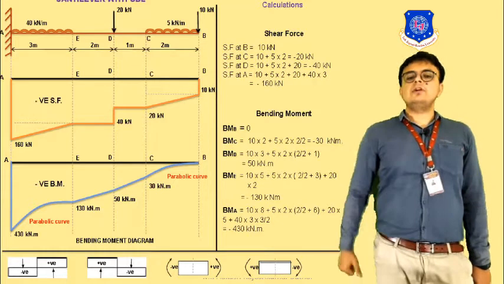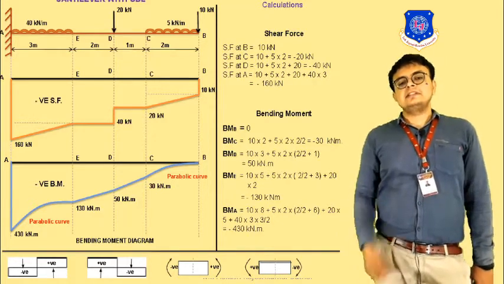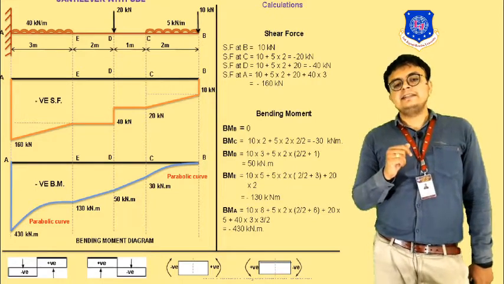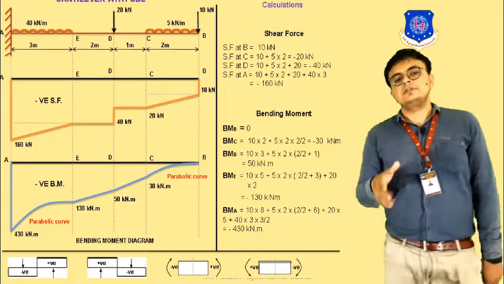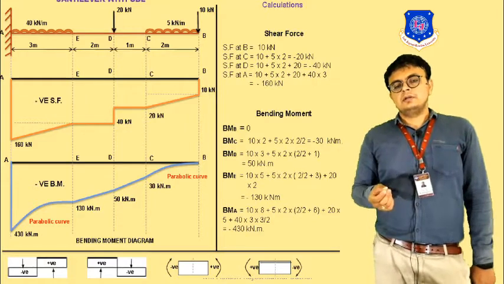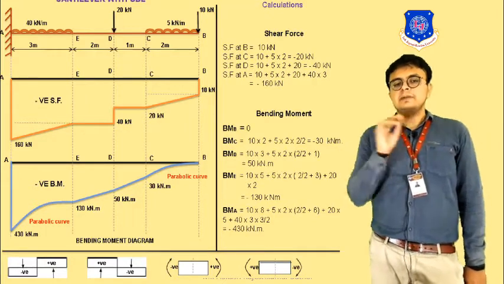Now moving towards the point D. Moving towards D, we are having the bending moment because of the point load and the UDL. So we just have to take it according to the span. The span from D to B is 1 plus 2, that is 3 meter.